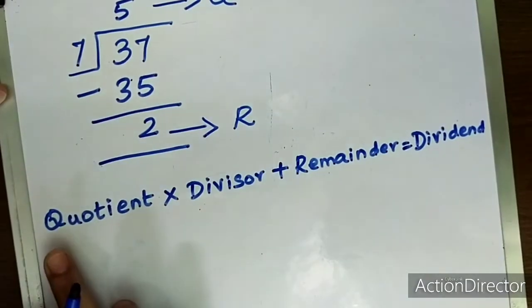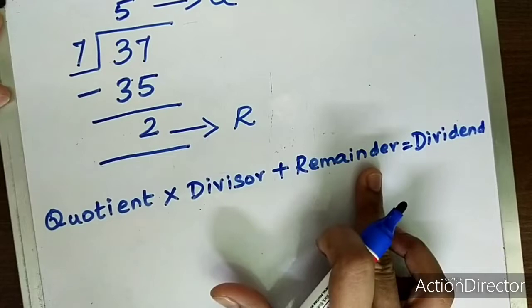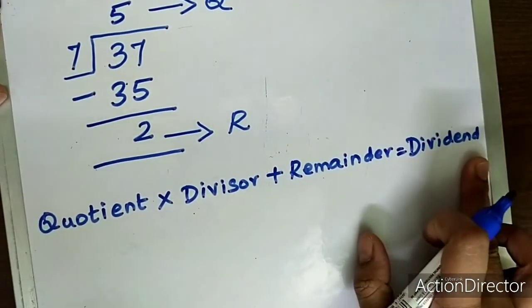So what is the formula? Quotient into divisor plus remainder is equal to dividend.